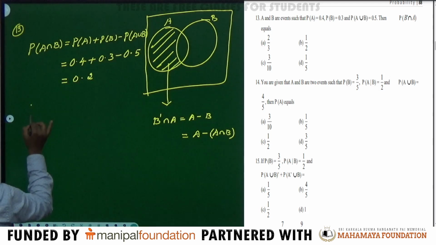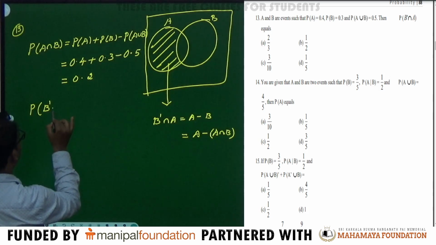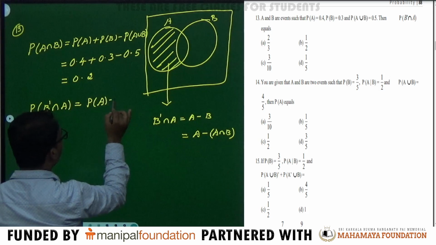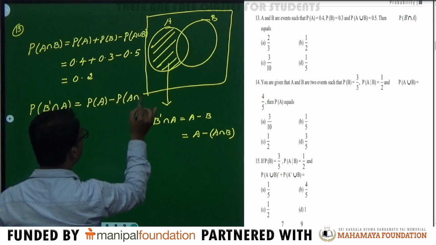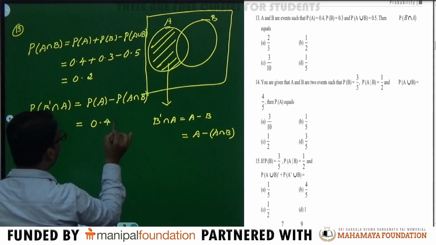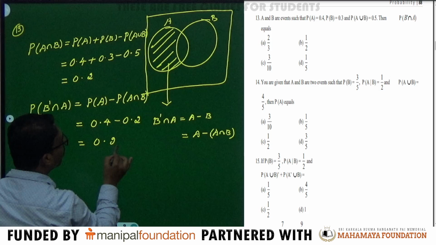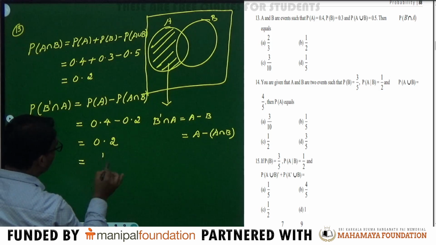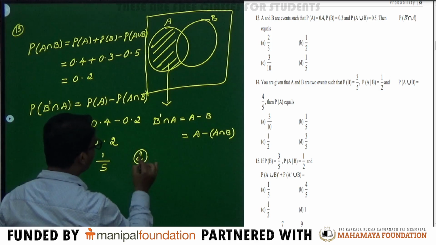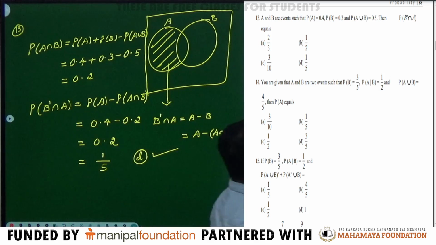Therefore, probability of B dash intersection A is equal to P of A minus P of A intersection B. The value of P of A is 0.4 minus 0.2. It is equal to 0.2. 0.2 is nothing but 1 by 5. Therefore, the correct answer is option D. For question number 13, the correct answer is option D.